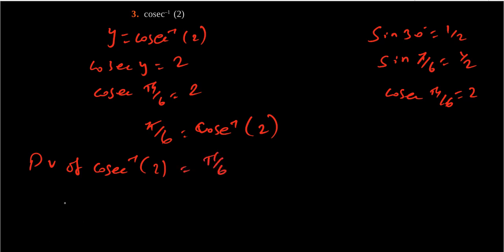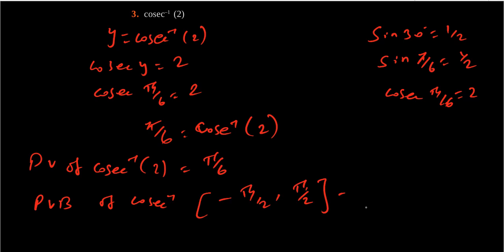The principal value branch of the cosecant inverse function will be from minus pi by 2 to plus pi by 2 except at the point 0. So, at that point 0, the graph of cosecant inverse will not exist.